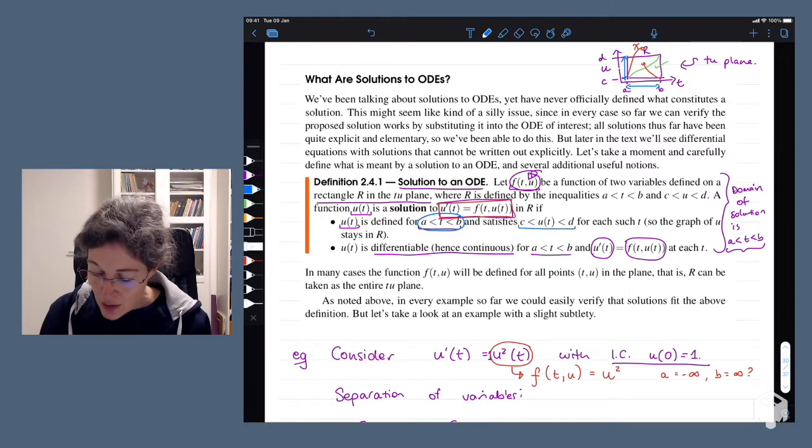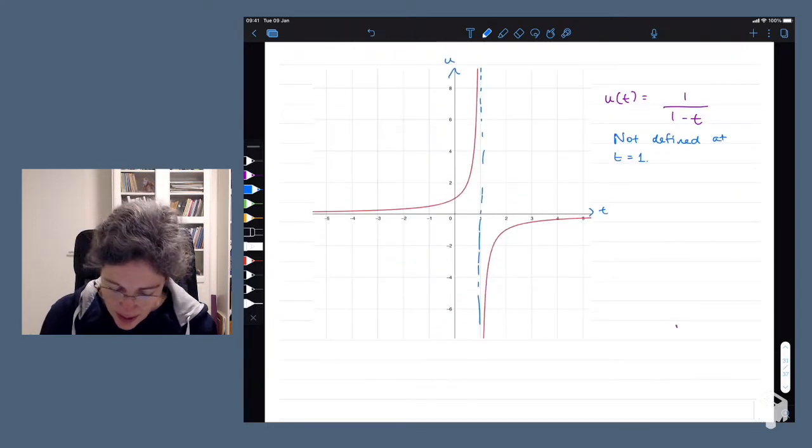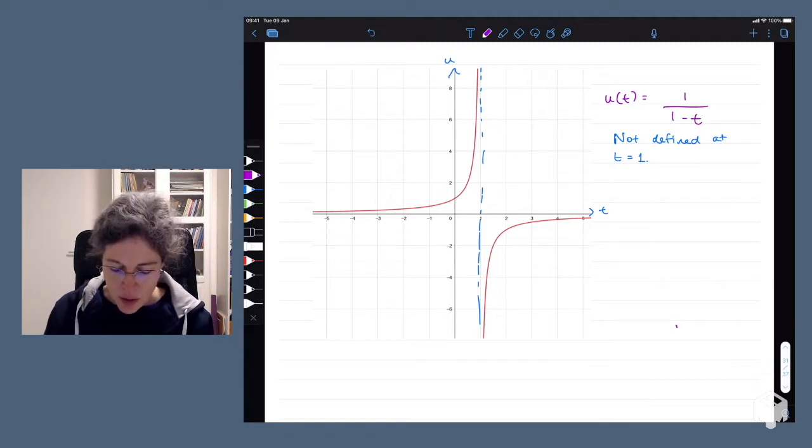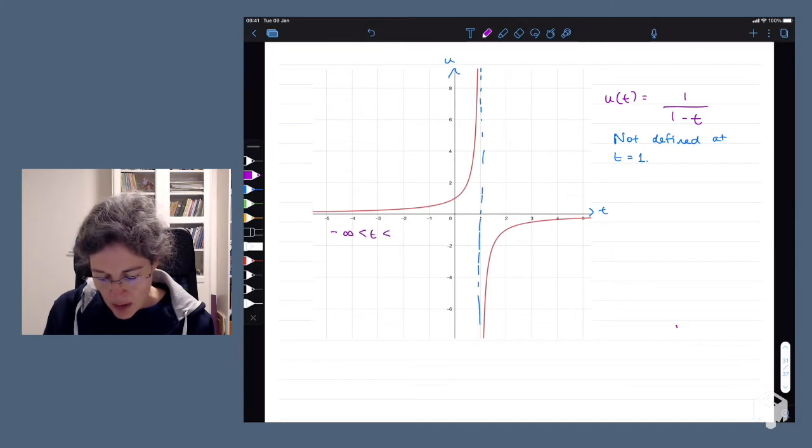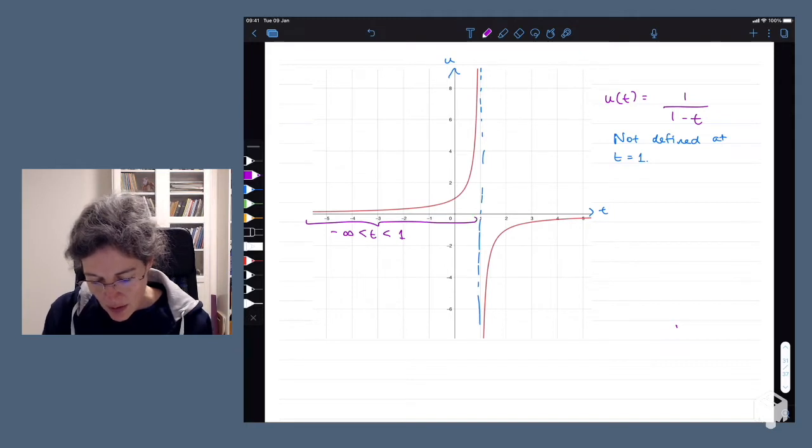So the best that we can do here is say that our u of t is a solution, for example, from minus infinity to 1, because that would give us everything up to here.